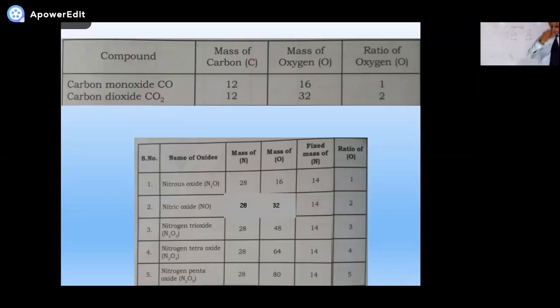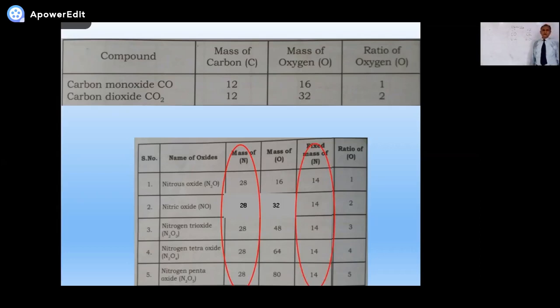All right. So you can see from the nitrogen column that the mass of nitrogen is constant, whereas the mass of oxygen is changing in simple whole number ratio: 16, 32, 48, 64, etc. Or if you want to simplify it, you can see in the next 2 columns.